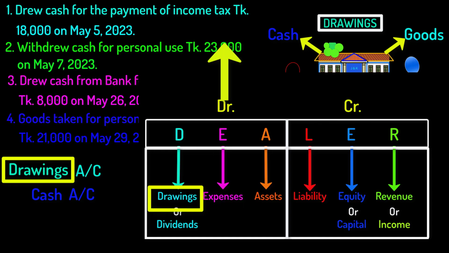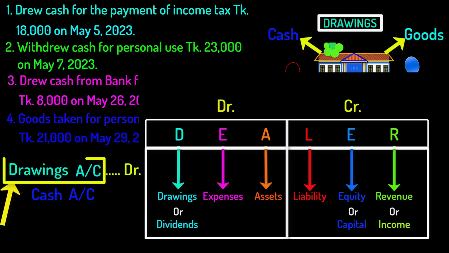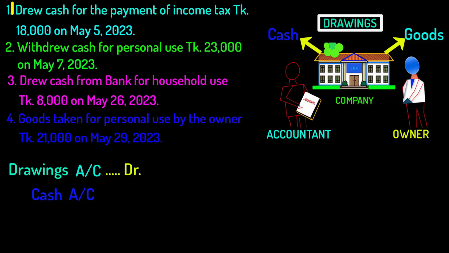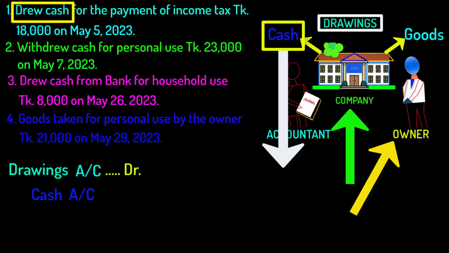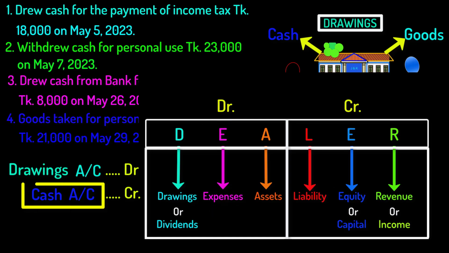As drawings is increasing here for this transaction, you will have to debit it. On the other hand, see, cash is an asset, and asset is a debit item. For the withdrawal of cash by the owner, cash is decreasing here. That means debit is decreasing here. We know that if debit decreases, it turns into credit. Therefore, you will have to credit this account.